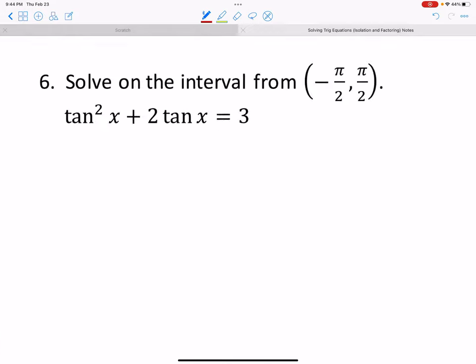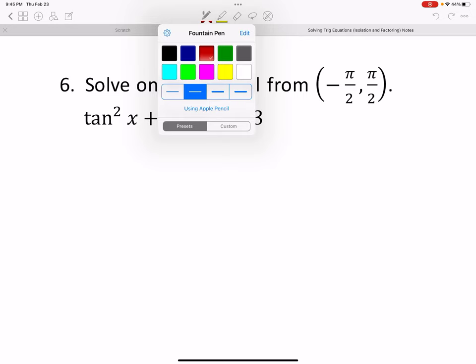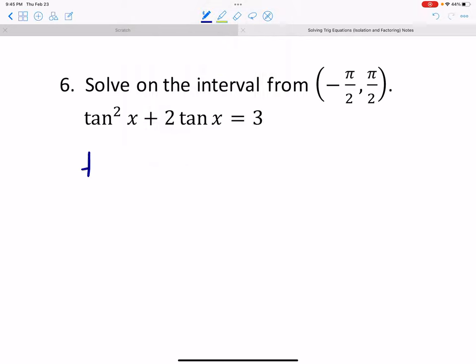This one's kind of nice because we're restricted to an interval of negative pi over 2 to pi over 2, so we don't have to look for an infinite number of solutions. But we're going to use the same strategy. Since I have this quadratic-like thing happening here, I'm going to start by subtracting the 3 over. So I'm looking at tangent squared x plus 2 tangent of x minus 3 equal to 0.